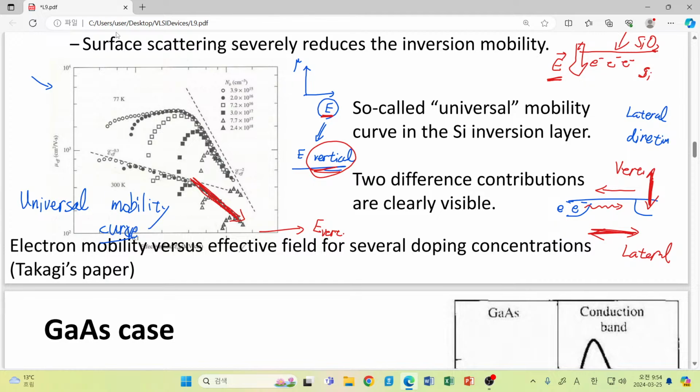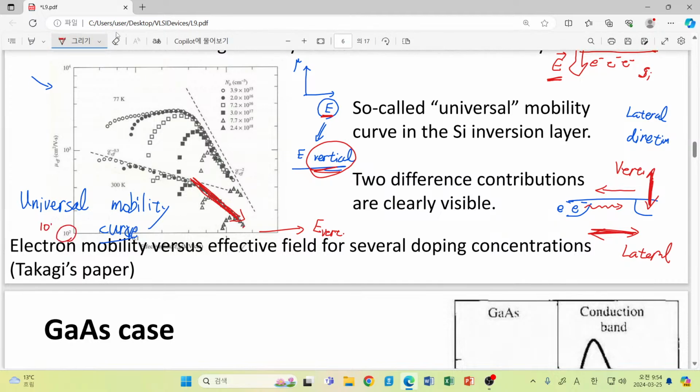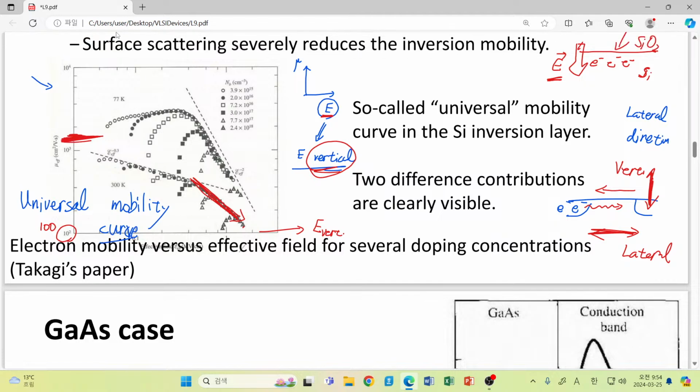So think about this number. Here, this number is just 100. Where can you find your ideal value? 1400. 1400 can be found here. Are you with me? This corresponds to 1400 square centimeter per volt second. In reality, such a value can never be achieved by our realistic device, because there are so many scattering mechanisms.